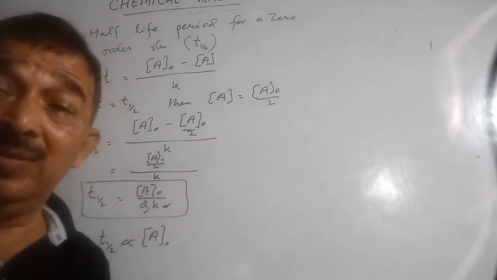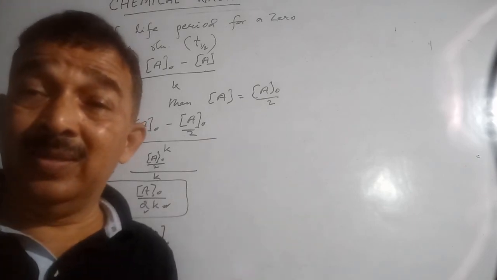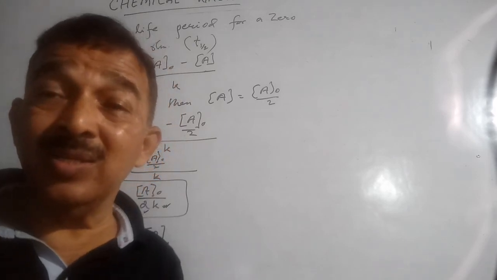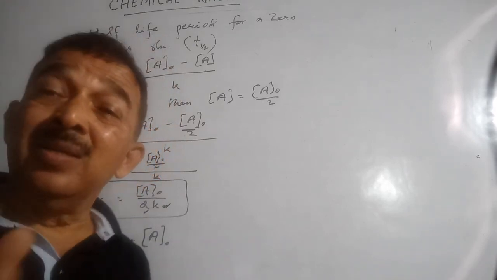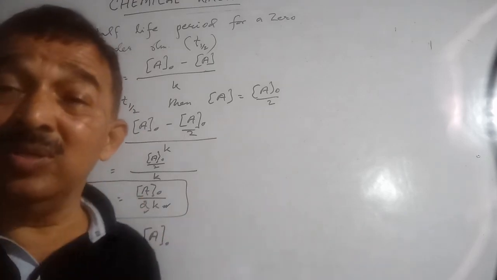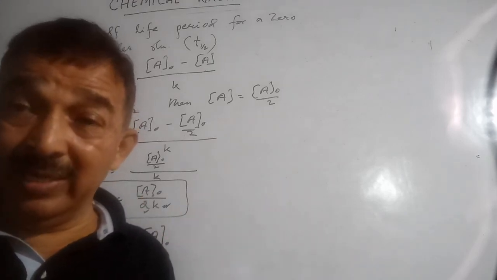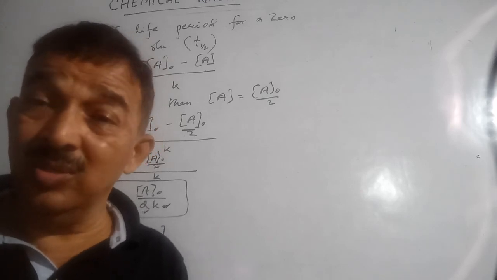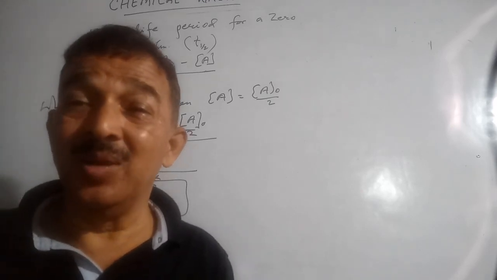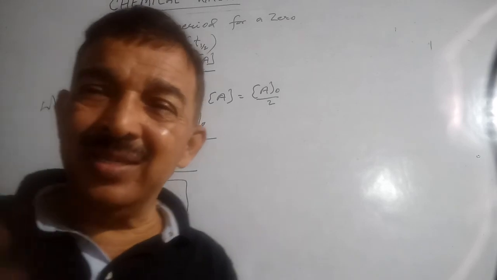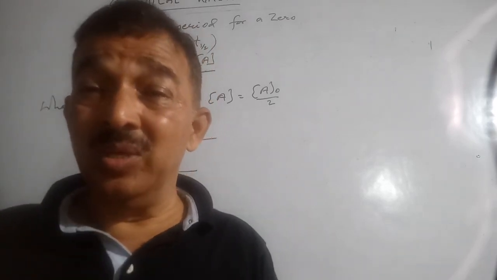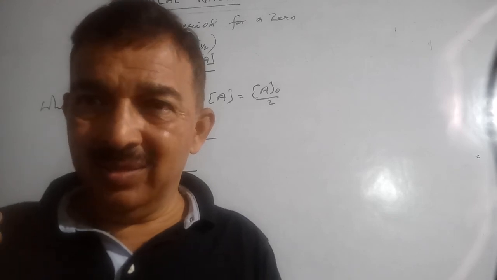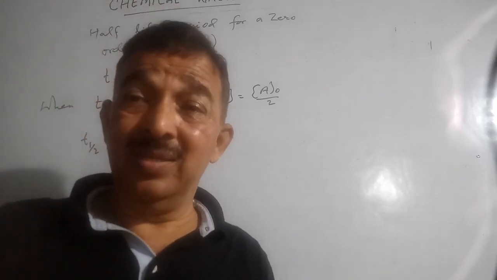That is, the greater the initial molar concentration of the reactant, the greater T half will be. The lesser the initial molar concentration of the reactant, the smaller T half will be. I hope it is clear. Next class we will be doing the numericals on zero order reaction. Thank you.